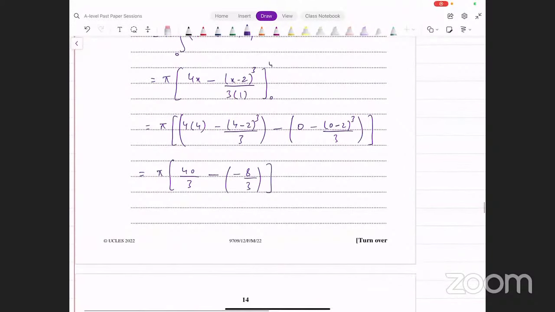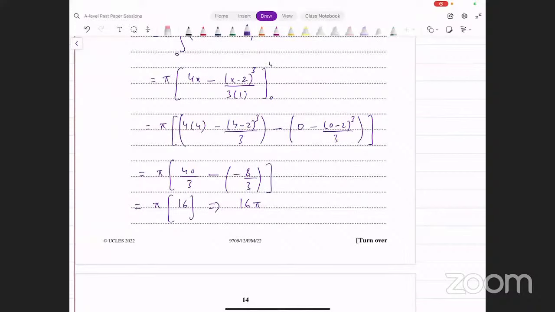And that's giving me pi into 40 plus 8. That's 48 over 3, that is 16. So I'm getting 16 pi from this. Is that okay? Can somebody verify this?